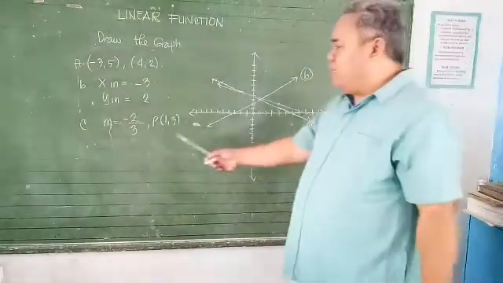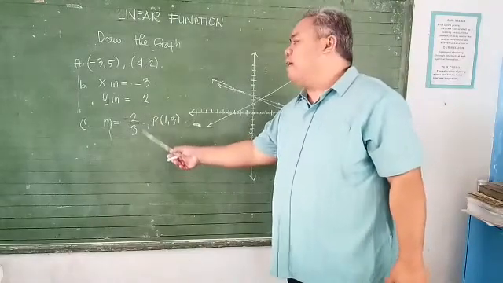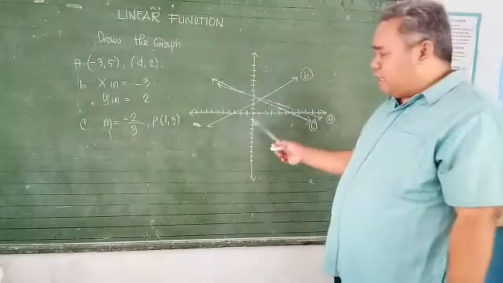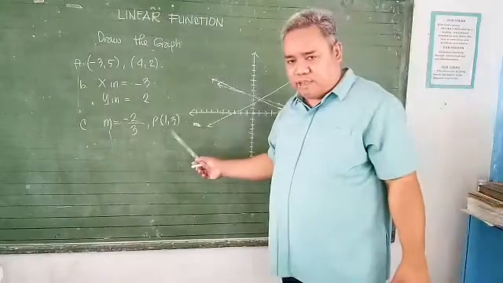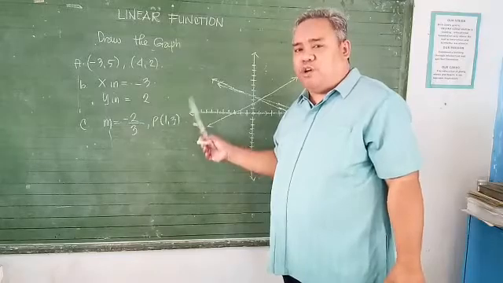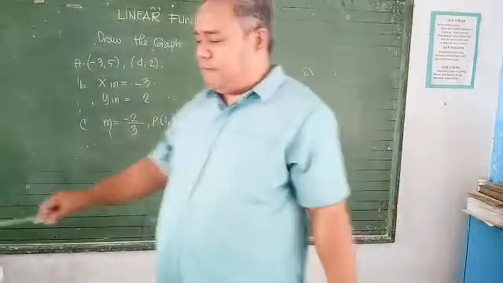It is rise over run. When the rise is negative, it means you go down. For the run, when it is positive, you go to the right. When it is negative, you go to the left. So first you identify the points. Then your reference point will be the reference for your rise over run on this plane. Okay? So that's all for this time.